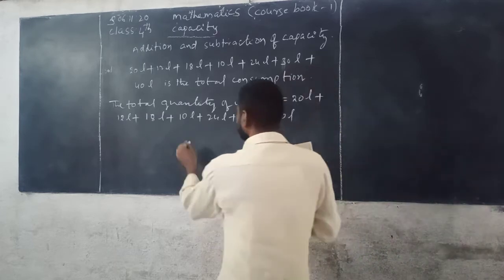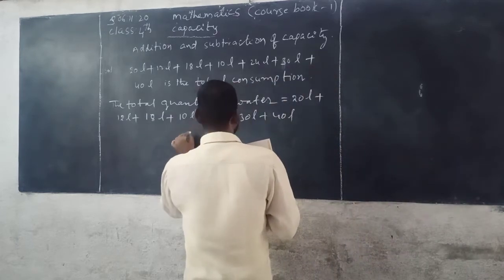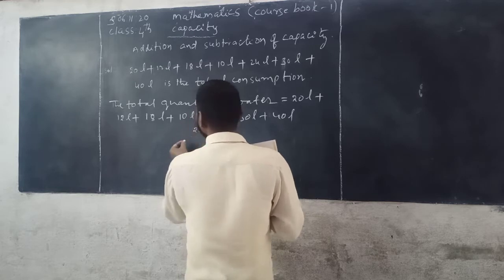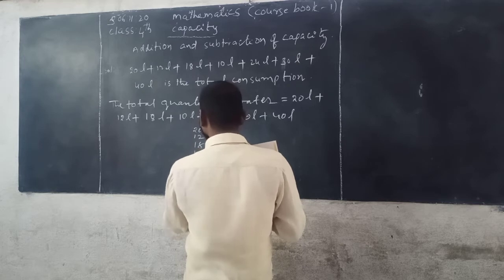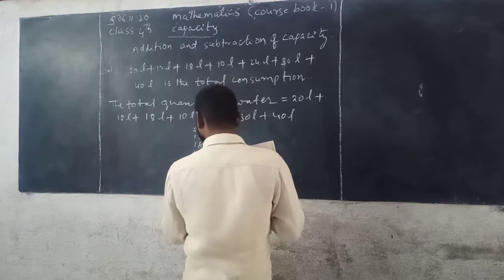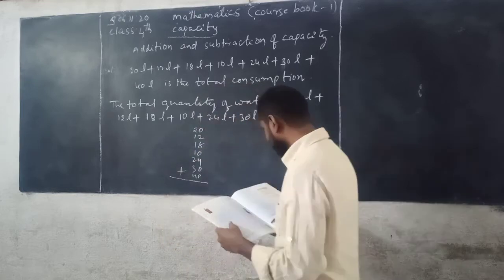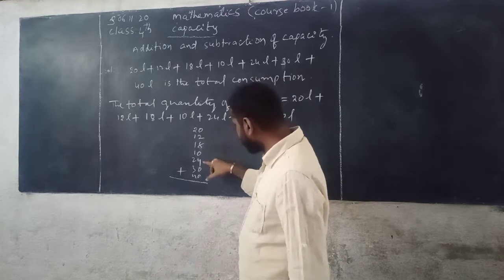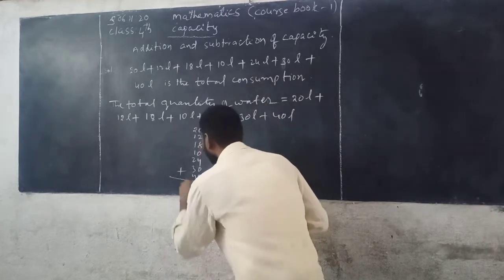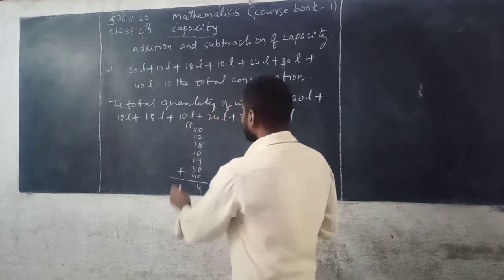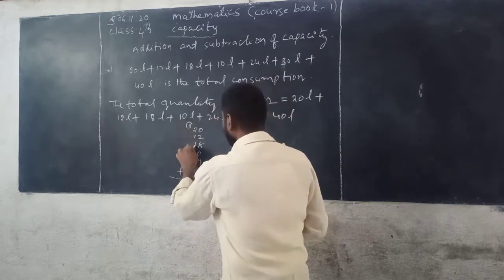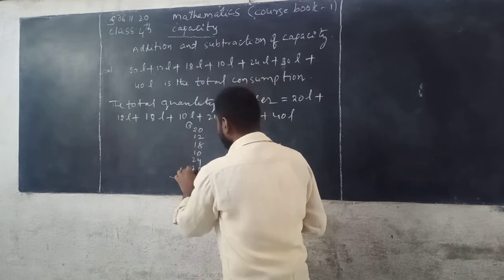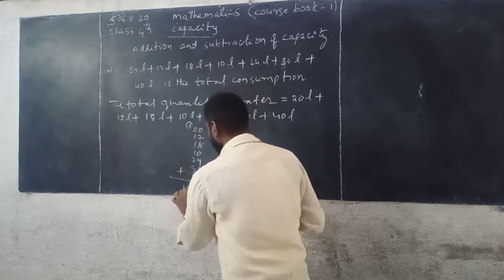See here, these are the liters: 20, 12, 18, 10, 24, 30, 40. See here, 2 plus 8, 10, 10 plus 4, 14, 4 taking, 1 carrying. 1 plus 2, 3, 4, 5, 6, 6 plus 2, 8, 8 plus 3, 11, 11 plus 4, 15.